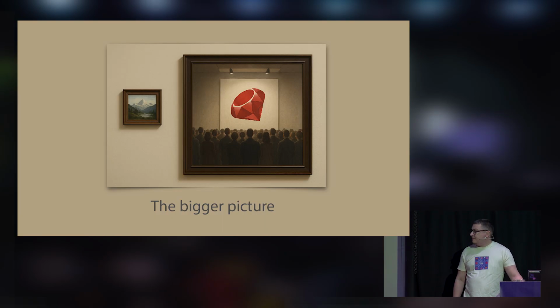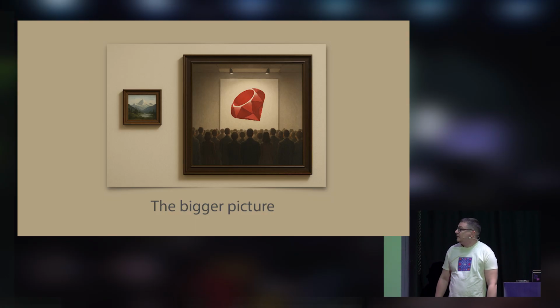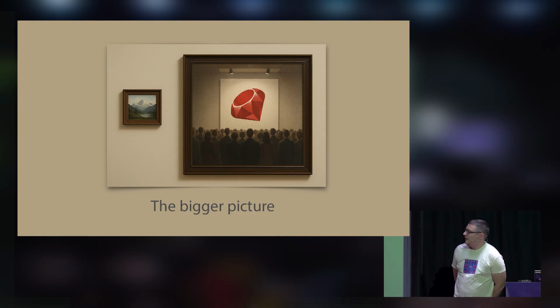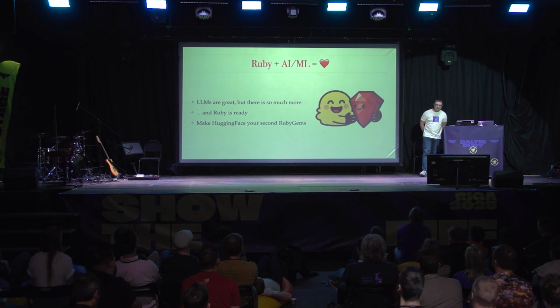But there's more. There's a bigger picture to explore. Ruby plus AI/ML is a great match. LLMs are awesome, but there is more. And I think that if you are looking at a problem that requires some machine learning, you should make Hugging Face your second Ruby gems. Thank you very much.